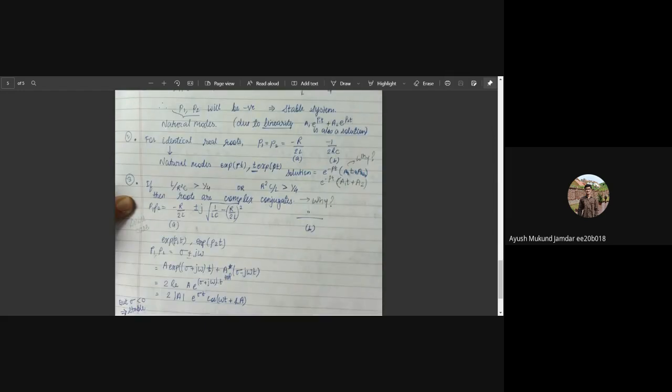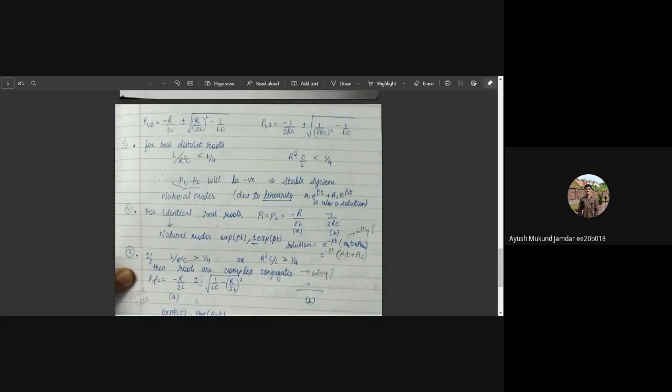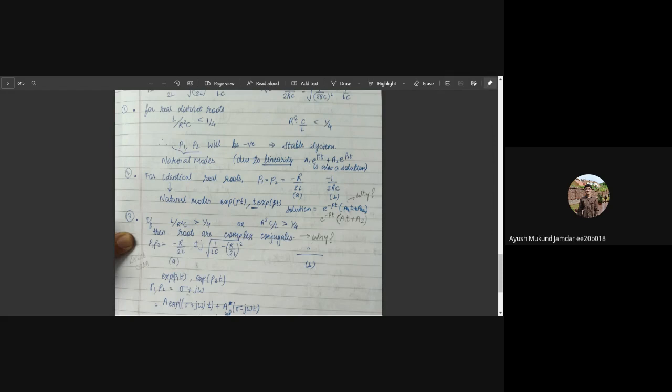And the final case is the complex roots case, where in the series case it will be L by R square C greater than 1 by 4, or this in the parallel case. The roots are complex conjugates. Why complex? Okay, but why conjugates? That is because the quadratic we started with had real coefficients. So we have P1, P2 that will be some constant, let's say sigma plus or minus j omega.